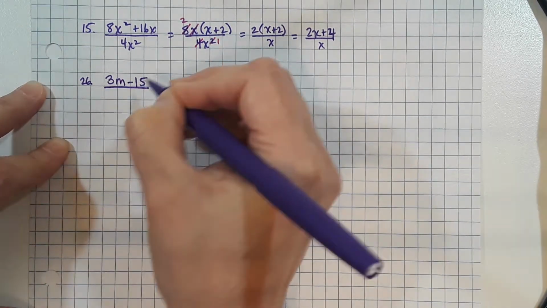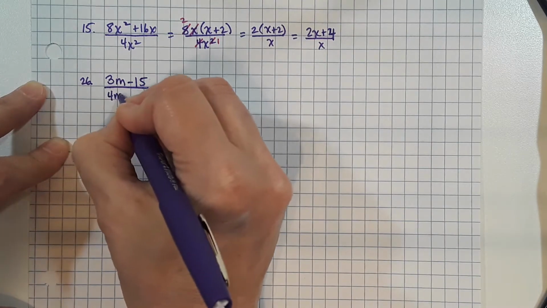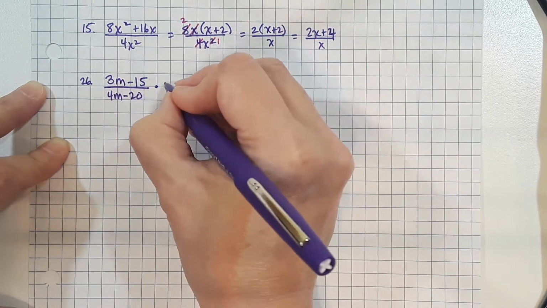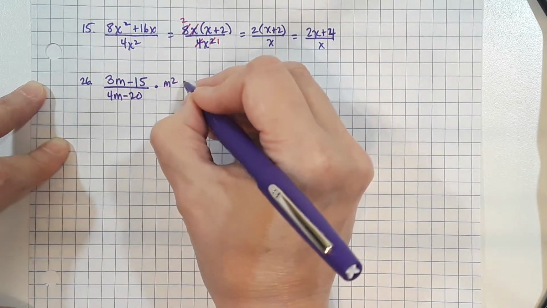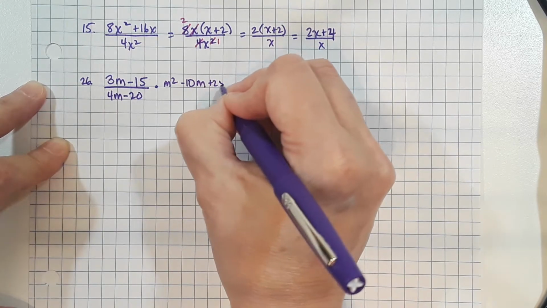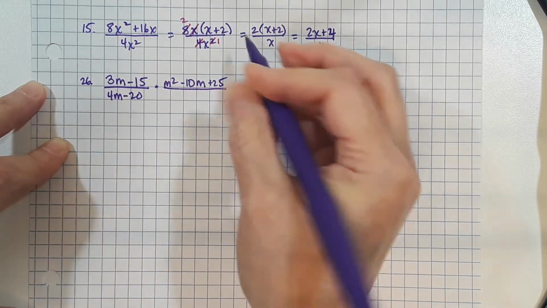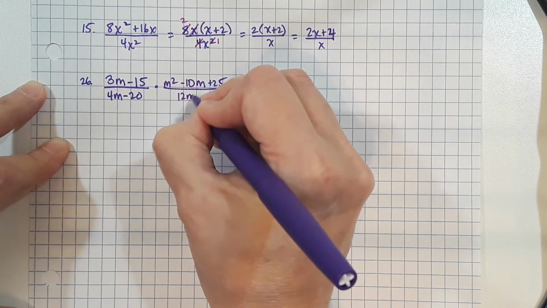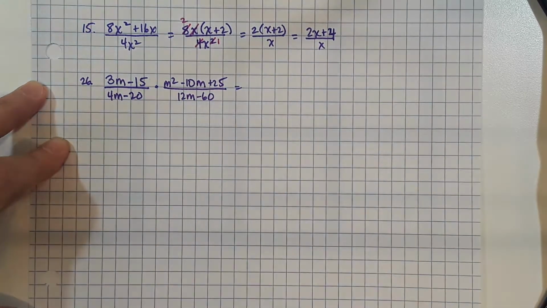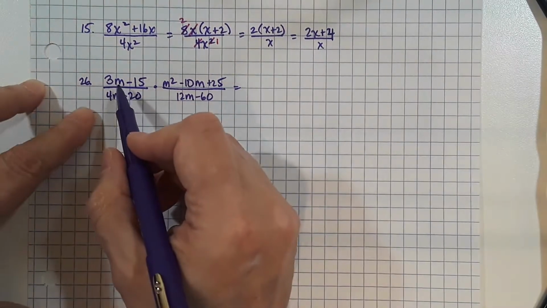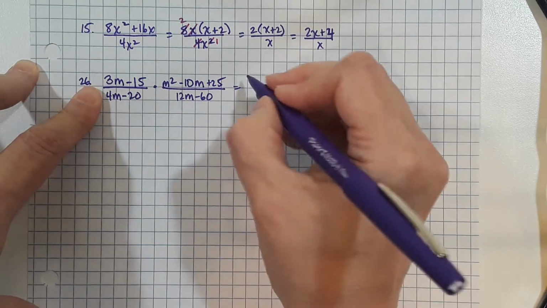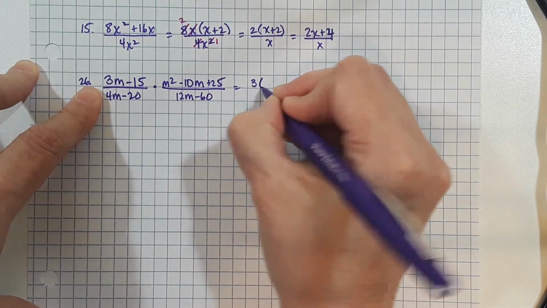(3m minus 15) over (4m minus 20) times (m squared minus 10m plus 25) over (12m minus 60). All right, so first, on the first rational expression, I can factor a 3 out of that.